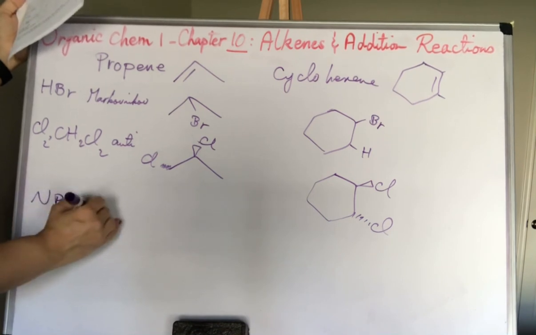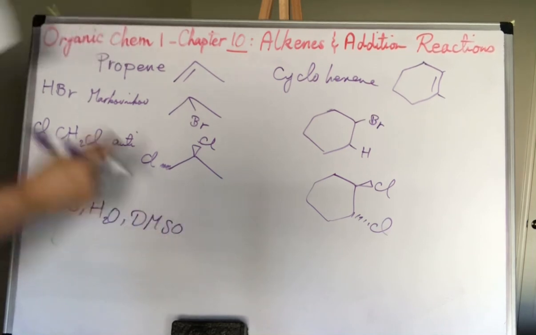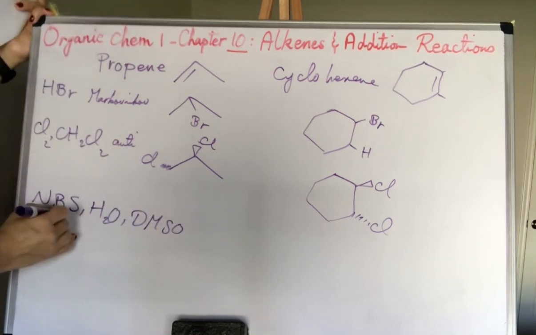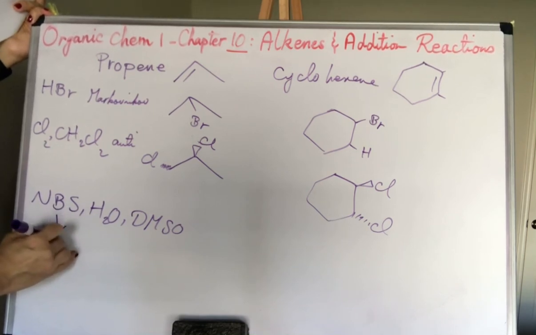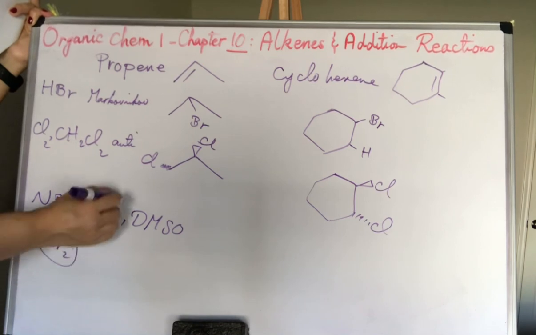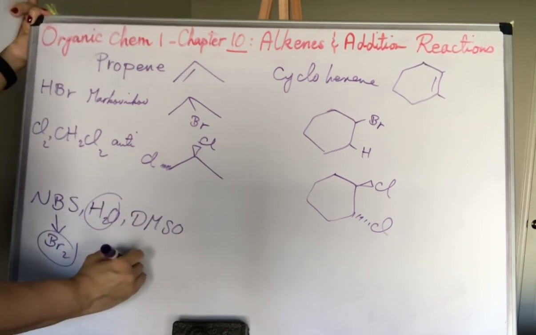The next one is NBS, H2O, and DMSO. So let's see what you have here. NBS is a good source of bromine. So you are adding bromine and water. It's Markovnikov and anti.